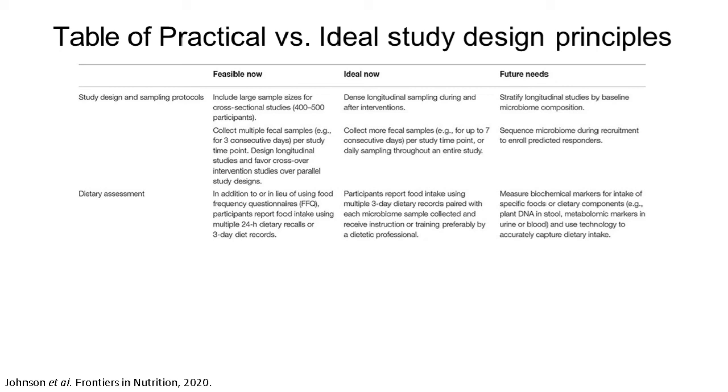Ideal now is to have participants report their food intake with multiple 3-day records paired with each microbiome sample. So basically, you always have at least 3 days of history, dietary history, for every microbiome sample, and that would allow you to best remove confounding effects of diet, or look for dietary interactions.